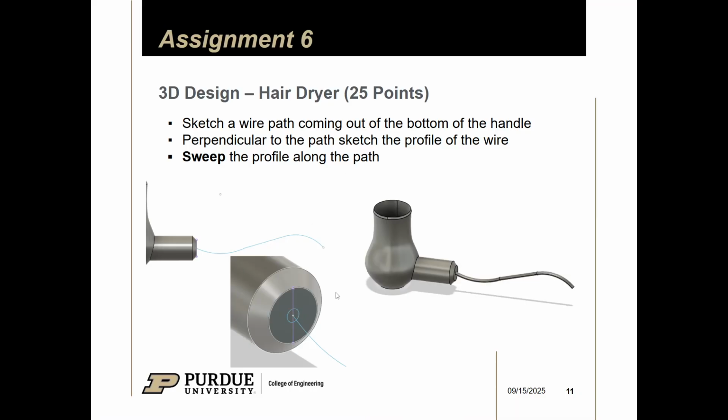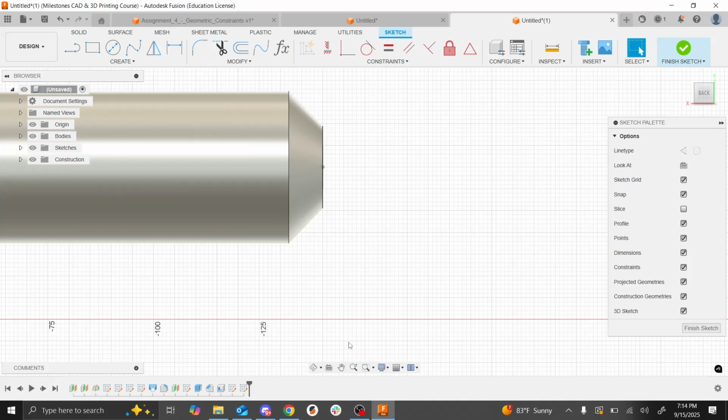Something to note, you can see here, it's kind of hard to see, but there's these purple lines. If you're interested in what these purple lines are, it's something called a projected line. You can see here this is a round surface with an edge, right? But if I wanted to reference this in another plane, if you look at it from this perspective, it just looks like a line, right? So I can project things like this onto my sketch. I'm just gonna press P to project, and then select this edge here.